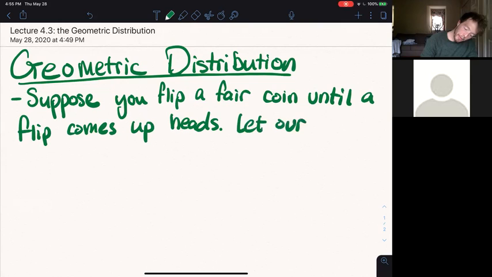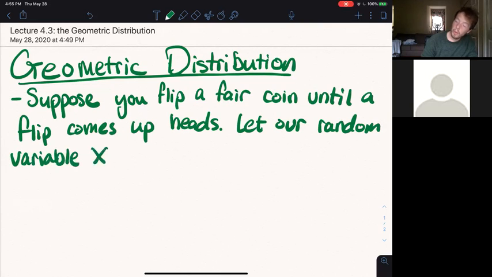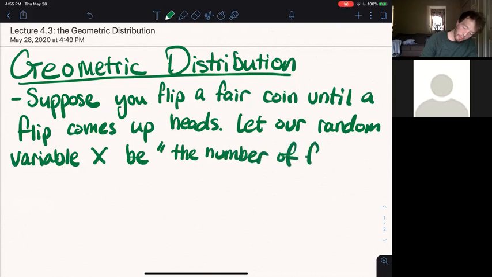Let our random variable X be the number of flips until heads.